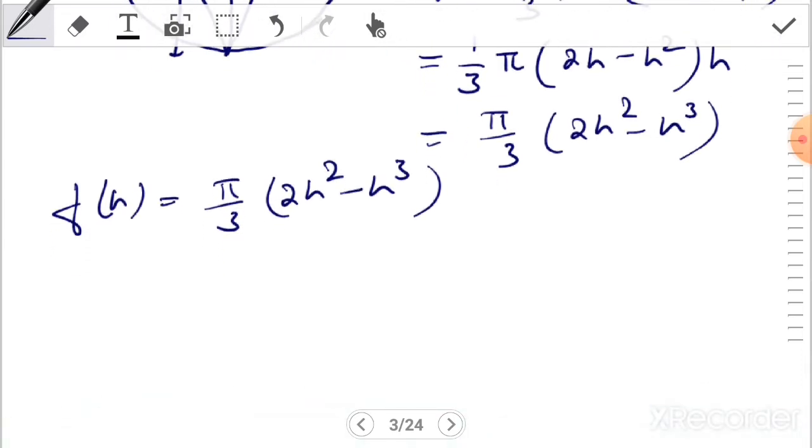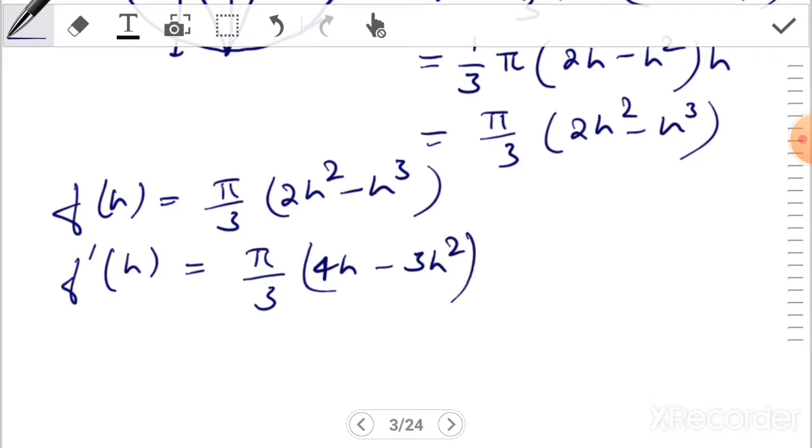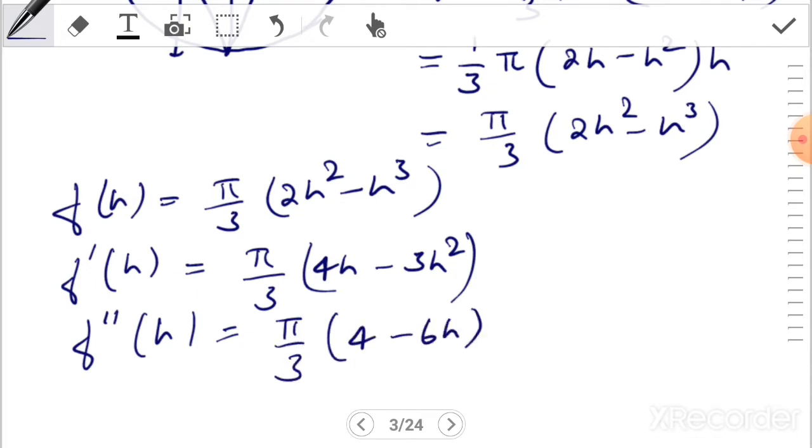Then find the first derivative of f with respect to h, which will be pi by 3 (4h minus 3h square), and the double derivative will be equal to pi by 3 (4 minus 6h). Now put f dash h equal to 0, which gives the value of h.